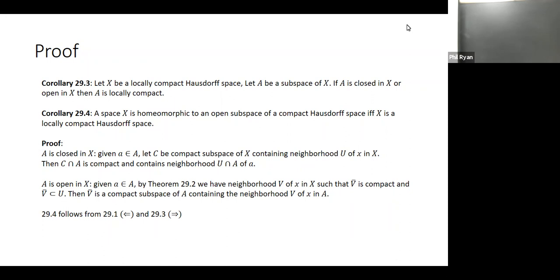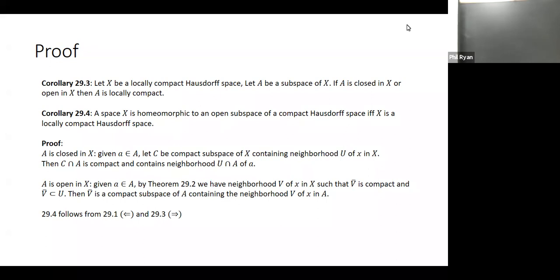Then the intersection of our compact subspace with this closed space is going to be compact, and it contains a neighborhood of the point in A, which is just U intersected with A. So that's pretty straightforward. And if A is open, then this is really the corollary of 29.2.